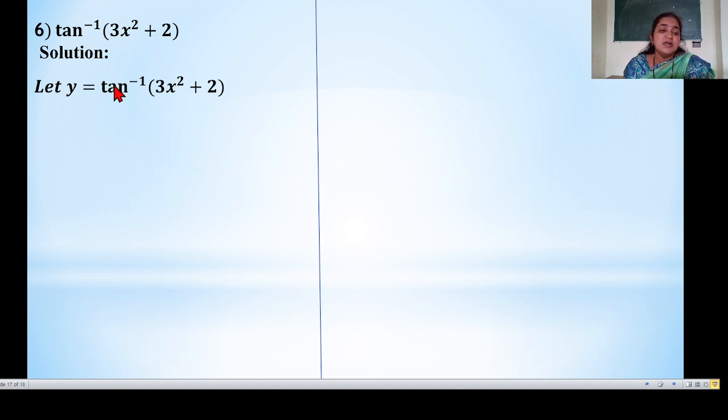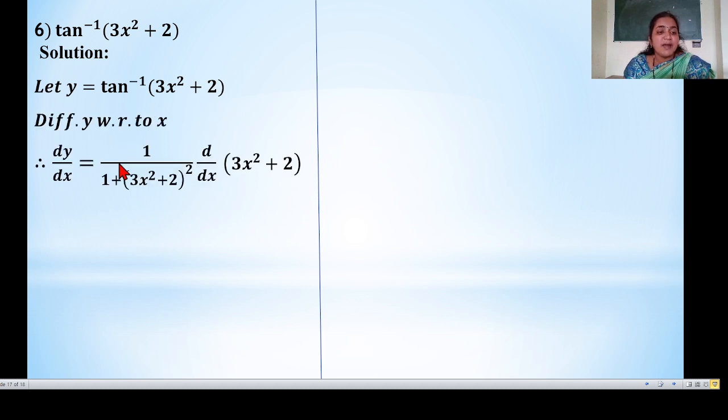So what is the derivative of tan inverse of 3x square plus 2? Wherever there is x, we replace it with 3x square plus 2, and again find the derivative of 3x square plus 2. So differentiate with respect to x. So dy by dx is equal to 1 upon 1 plus bracket 3x square plus 2 whole square, multiplied by the derivative of this term, 3x square plus 2.